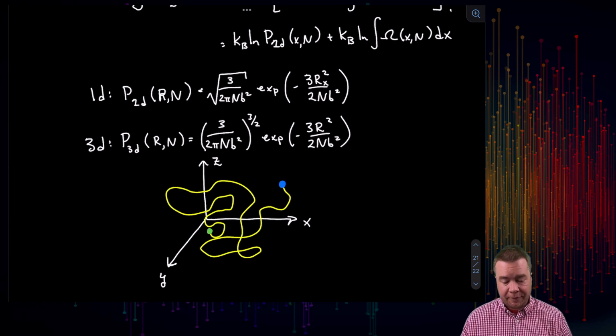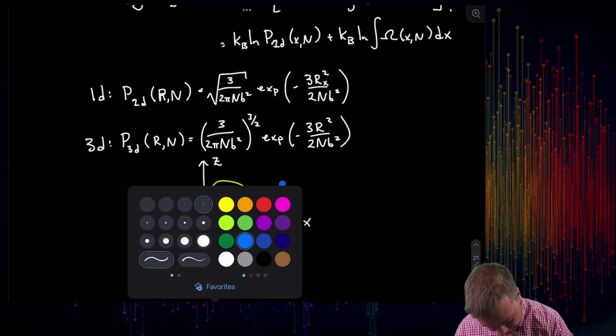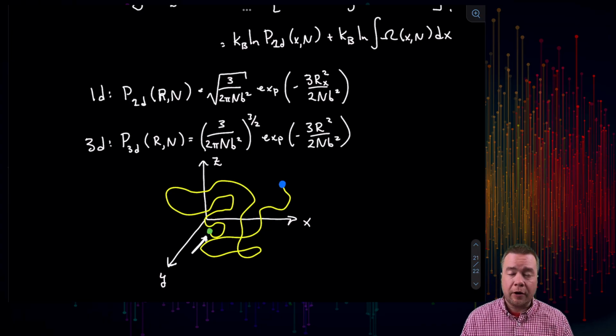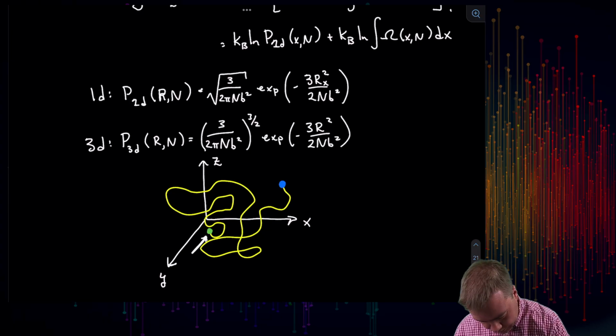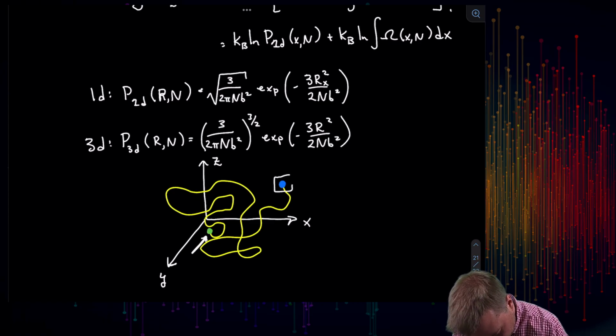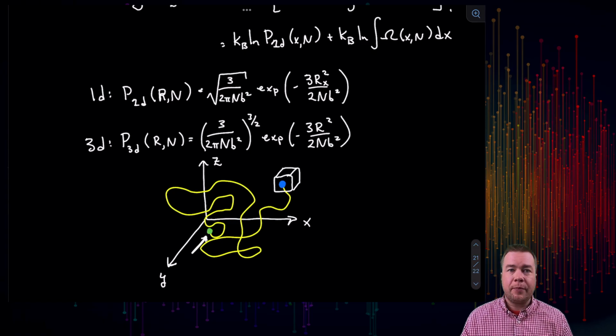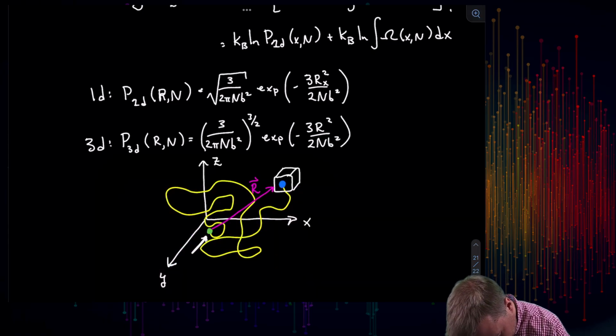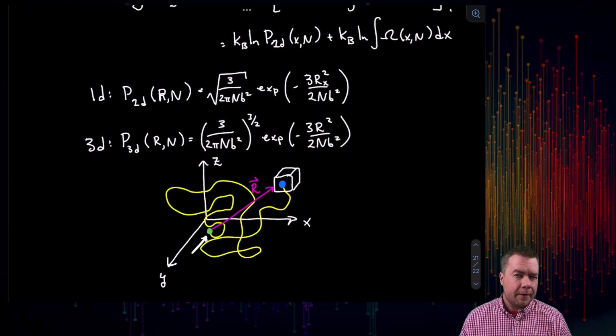So what the probability function is saying is that if I start right there at that green bead, what is the probability that after n steps, I end up in that white box? So what is the probability that after n steps, I end up over there where this is R? Okay, I hope that makes sense. That's what the probability function is telling us.